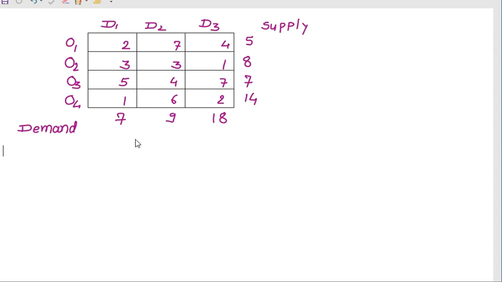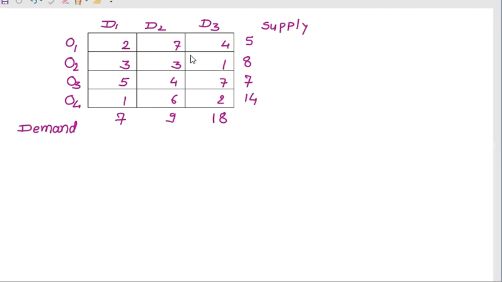Select the cell with the lowest cost and allocate the maximum possible quantity there. Look at the costs of transportation: 2, 7, 4, 3, 3, 1, 5, 4, 7, 1, 6, 2. Look at the cell with the lowest cost.